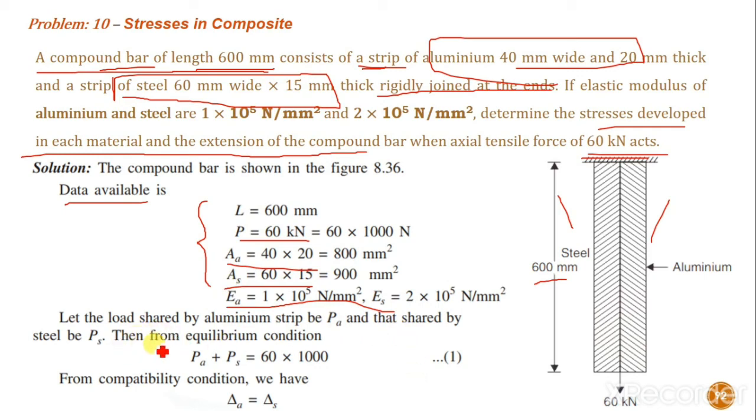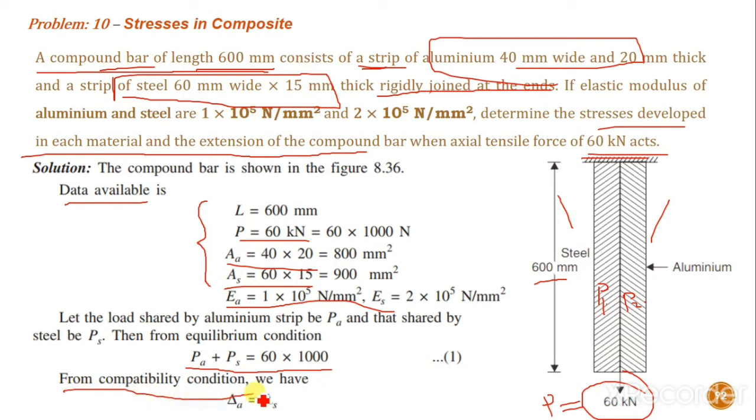So the first equation: let the load be P. If P, 60 kilonewton, is acting on this composite member, the steel strip and aluminium strip are both going to share the load. If this is P1 and this is P2, the load taken by this is P1 and this is P2. By adding these two, you get the total value, isn't it? See, PA plus PS equals 60 into 1000.